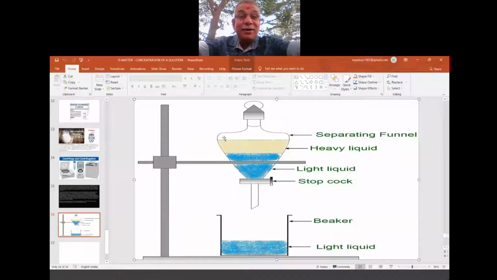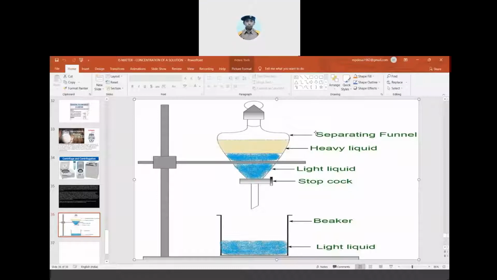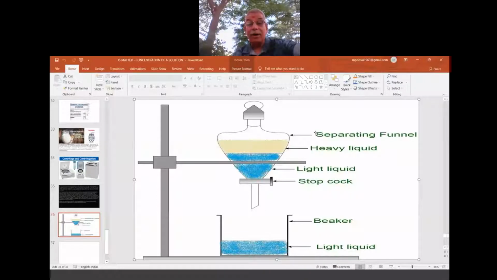What is lithium? Sir, I think litmus. Litmus. Yes, sir. So after cutting the litmus, what will happen? Litmus will become two pieces when you cut.